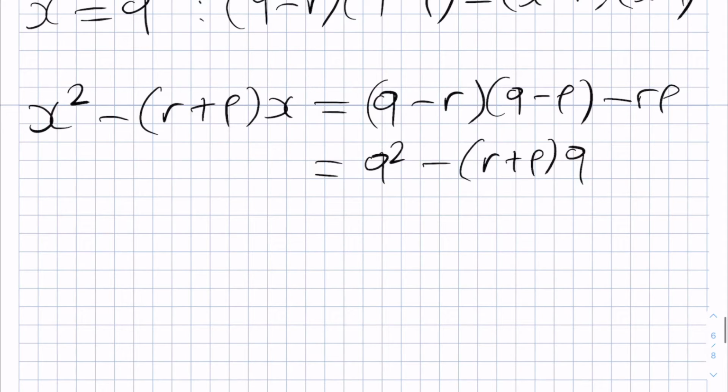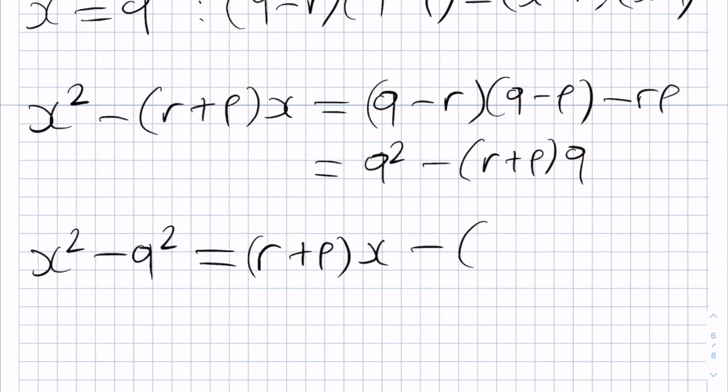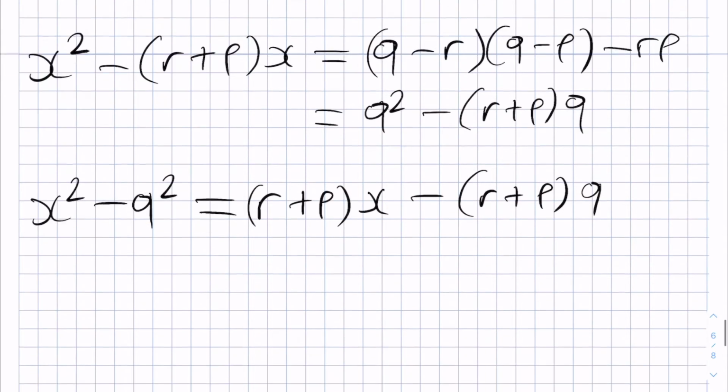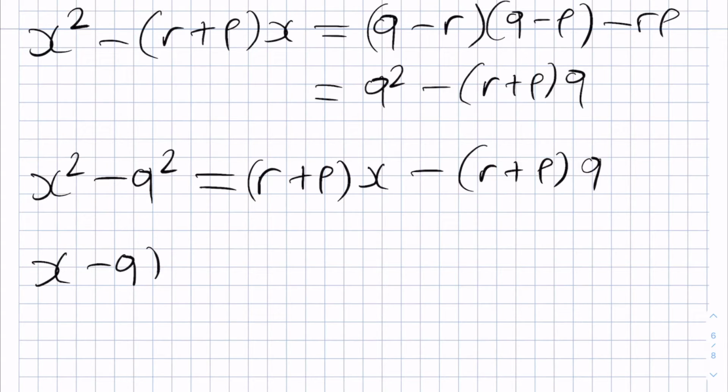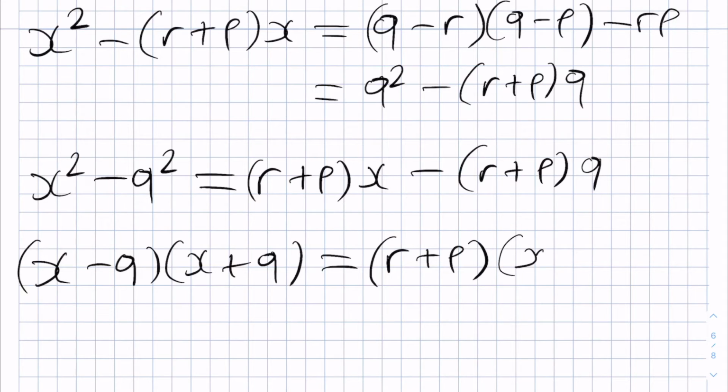Therefore, by moving some terms around, we have x squared minus q squared is equal to (r plus p)x minus (r plus p)q. And we can factorize this as (x − q)(x + q) equals (r plus p) times (x − q). So we have x minus q as a factor on both sides.